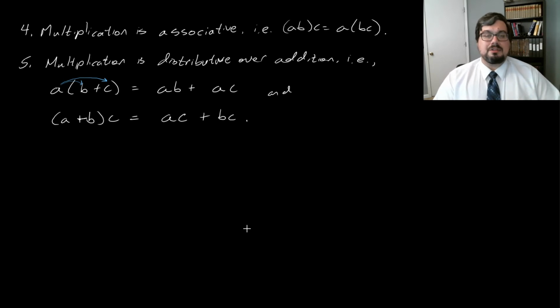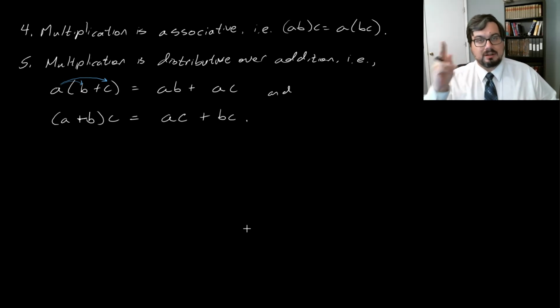So these are the 5 conditions that we need. We need the ring R to be a group under addition, and then we need these 2 conditions regarding multiplication. The first, that multiplication is associative, and the second, that multiplication is distributive over addition, or multiplication distributes over addition. The multiplication operation on the integers certainly satisfies these 2 conditions.